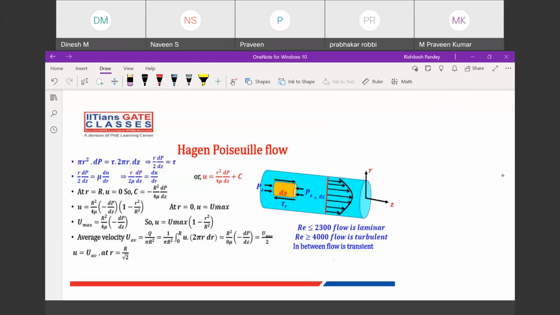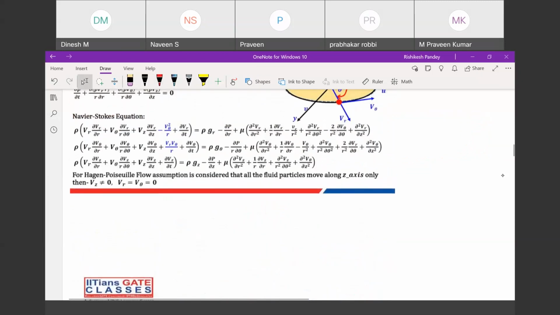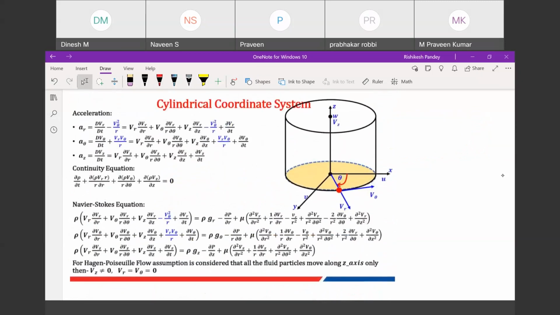Okay, so here, as the fluid is moving in this pipe, we'll have to consider cylindrical coordinates rather than Cartesian coordinates. Whatever equations we have seen for Navier-Stokes, that was in Cartesian coordinates. Cartesian means XYZ coordinates.